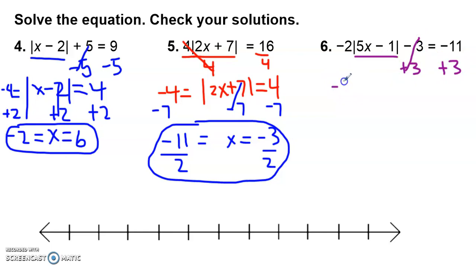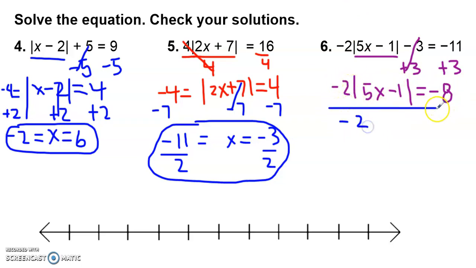We've got negative 2 with the absolute value of 5x minus 1, and negative 11 plus 3 is negative 8. And we still don't have our absolute value alone because we have this negative 2 that's timesing, so we need to divide on both sides.